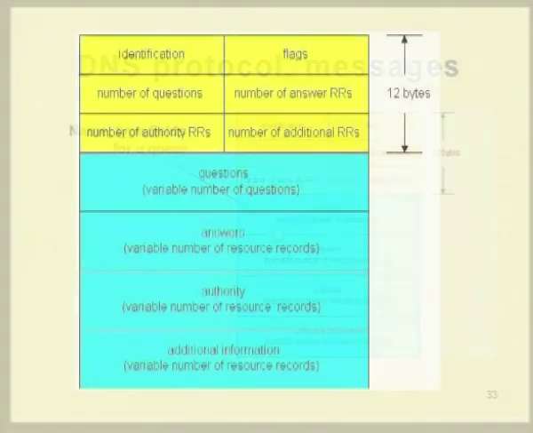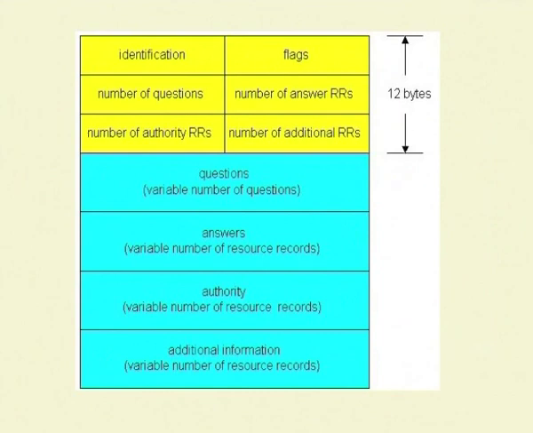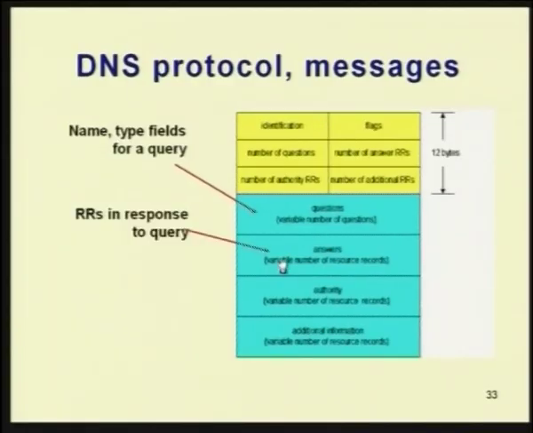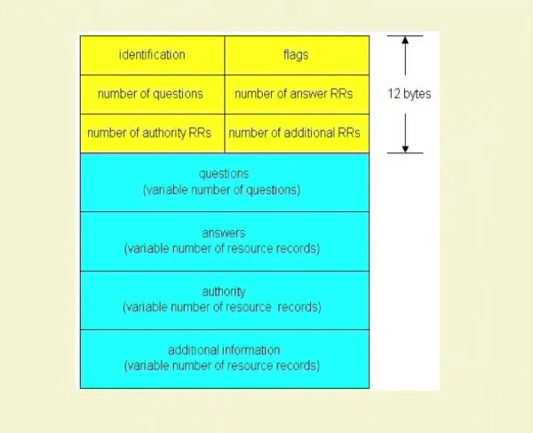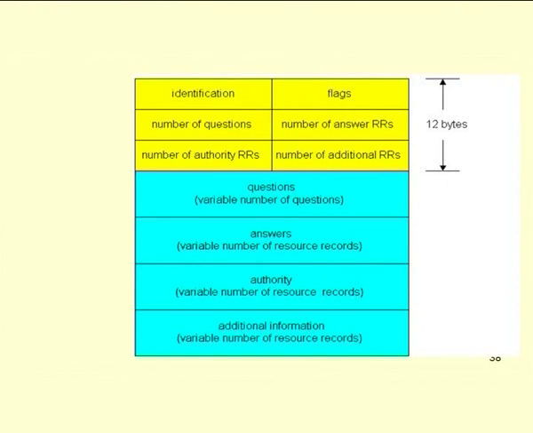Following this, we have questions, which is a variable number of questions. Then you have answers, which is a variable number of resource records. These are the RRs sent in response to the query. And then you have authoritative records from authoritative servers, and additional helpful information. Okay. So, this is how the information is sent between the different servers that we talked about.